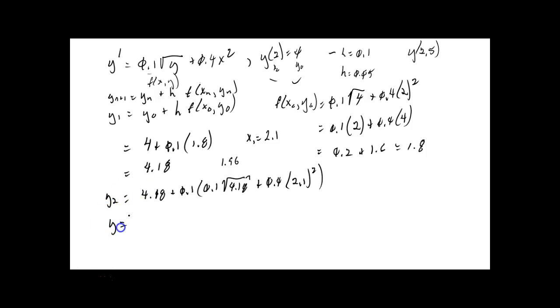So our y2 is going to be 4.18 plus 0.196, which is 4.376, something pretty close to that. In the book they do one more digit, 4.3768. And that's now our y2.